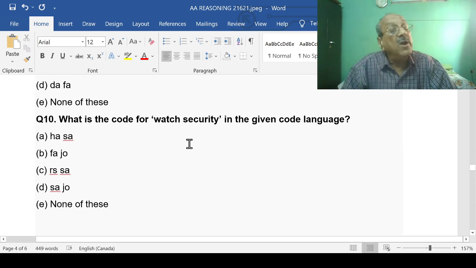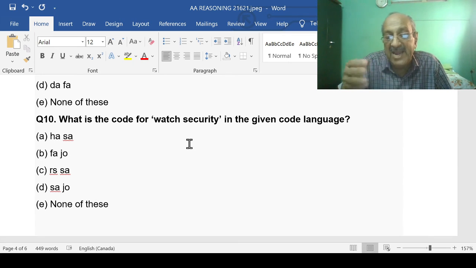What is the code for watch security? Say nowadays in the main exams you get much tougher questions than this. This is preliminary level only. So have you worked it out? Very good. Have you worked this out?